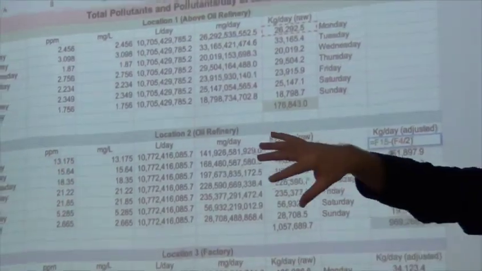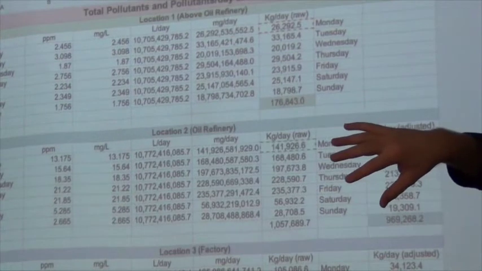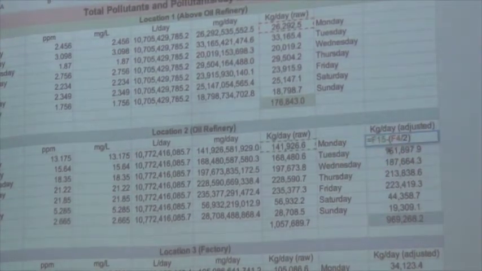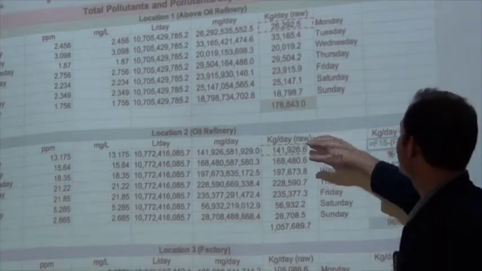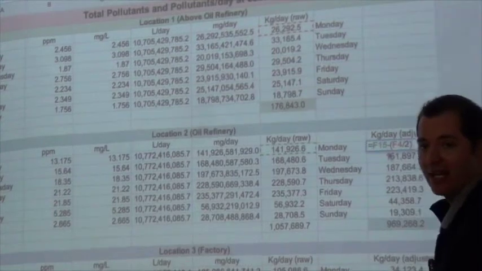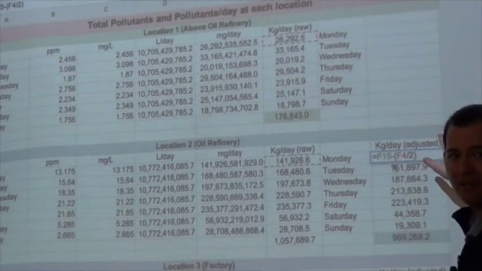So I'm taking out whatever was still in my river at location 1 and saying it doesn't come from location 2. And I've used that same formula: this minus this divided by 2.